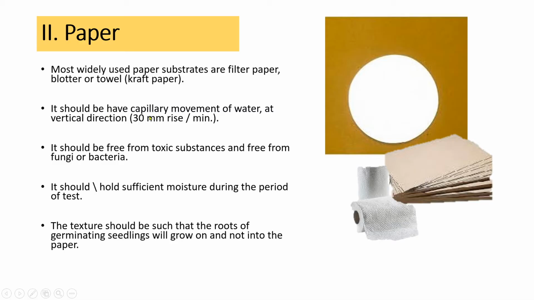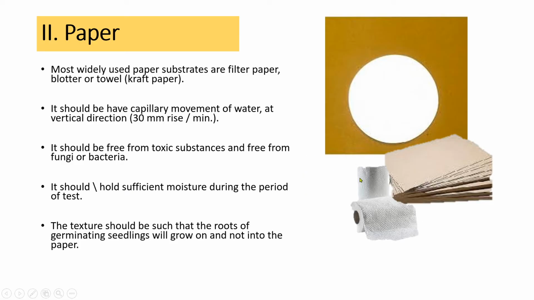It should have capillary movement of water in the vertical direction at the rate of 30 mm rise per minute, and it should be free from toxic substances and free from fungi and bacteria.